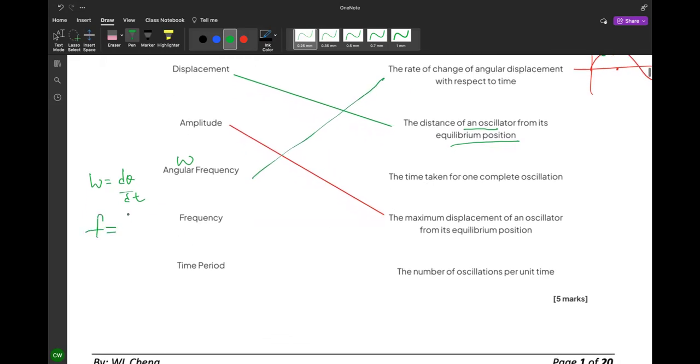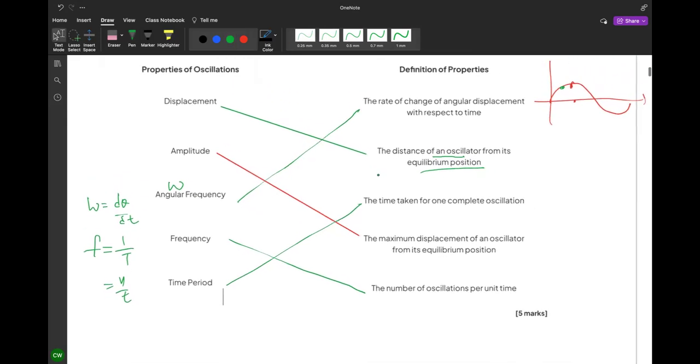Frequency is what? 1 over period. 1 over period is n over t, number of oscillation per unit time. Period is the time taken for one complete oscillation. So this is everything you should know.